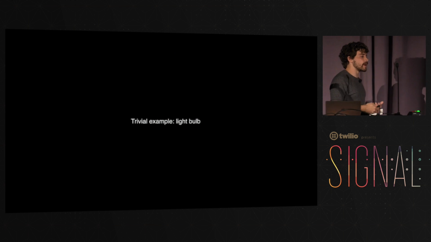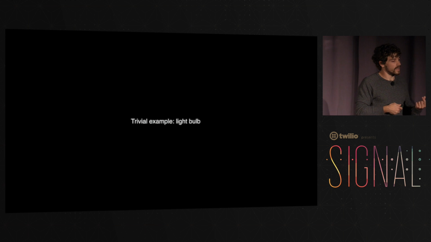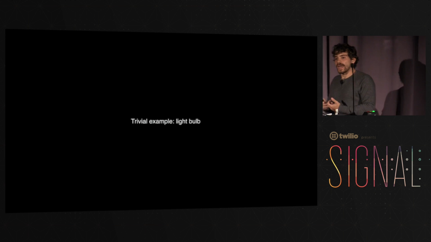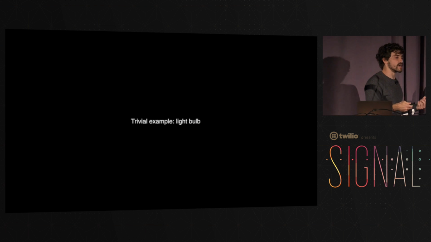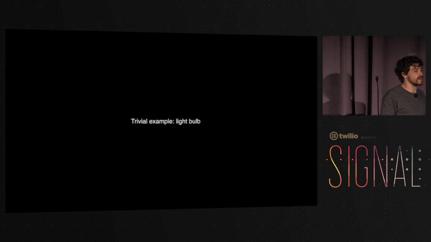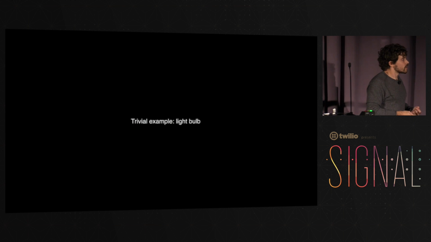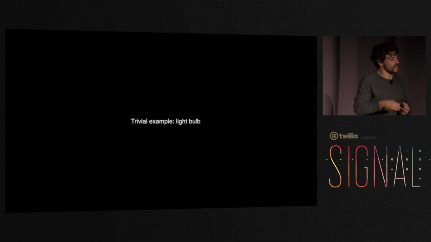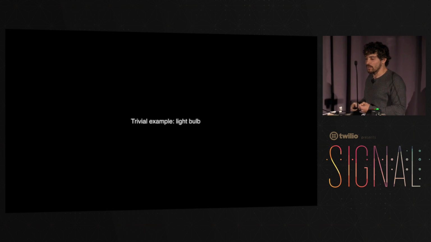So a trivial example that I came across recently was while I was at an Internet of Things conference, we were discussing how the world will become connected through the internet, even in its most fundamental ways of your everyday life. So a switch to a light bulb can actually work over the internet as opposed to the traditional wiring that we think of today.